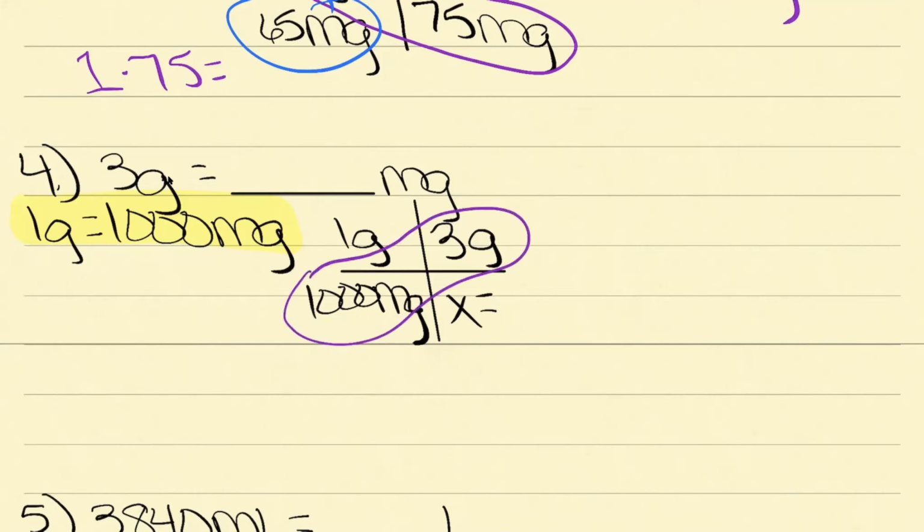One thousand times 3 equals 3,000 over the only thing we have left, which is 1 gram. So 3,000 divided by 1 is just 3,000.